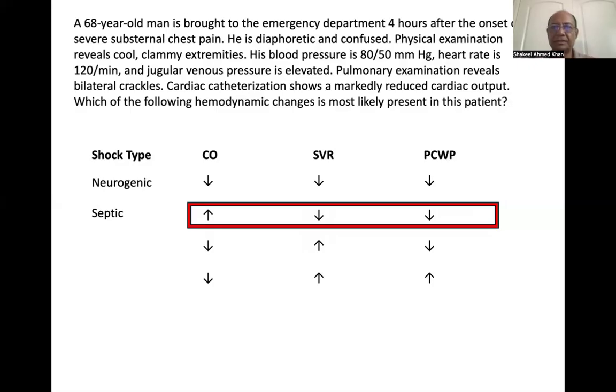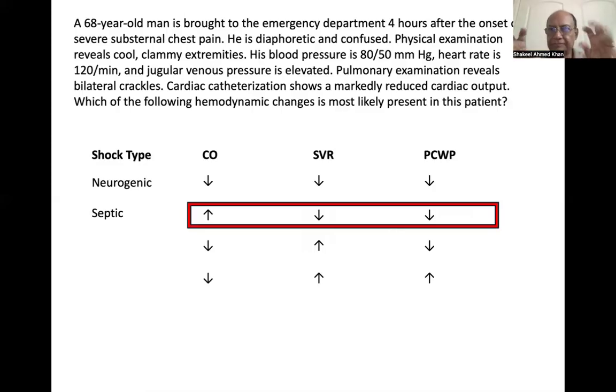The lipopolysaccharides initiate a reaction which ultimately leads to nitric oxide. Nitric oxide is a smooth muscle relaxant, so the smooth muscles in the vessels and the endothelium are relaxed. That leads to lower systemic vascular resistance, and so the blood is not going back.